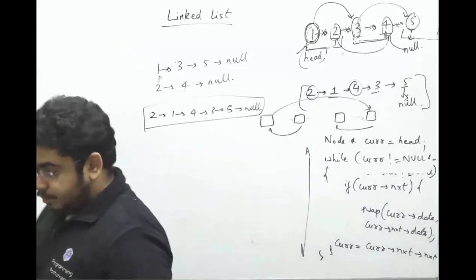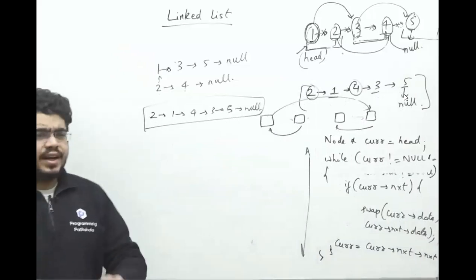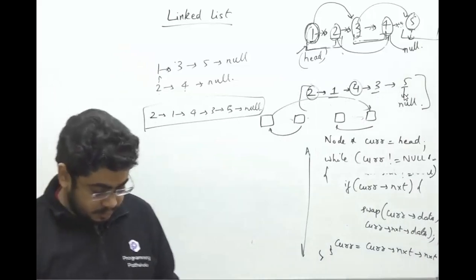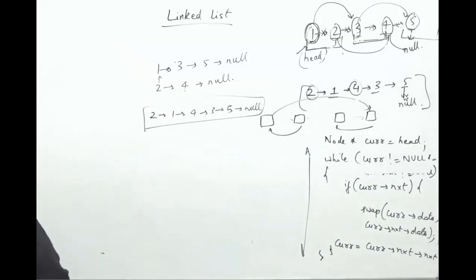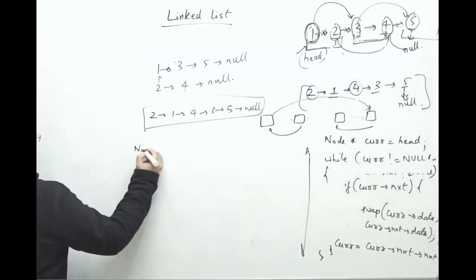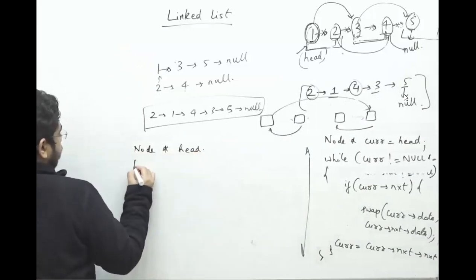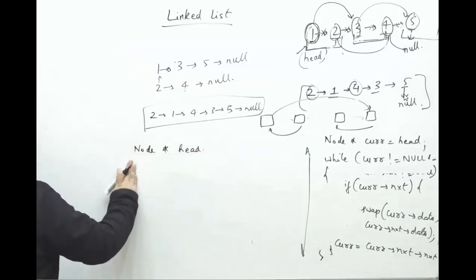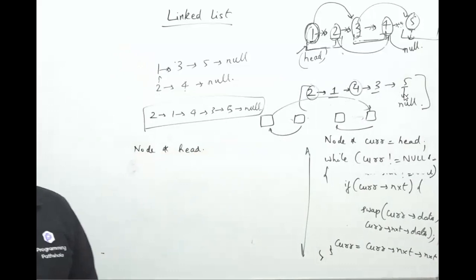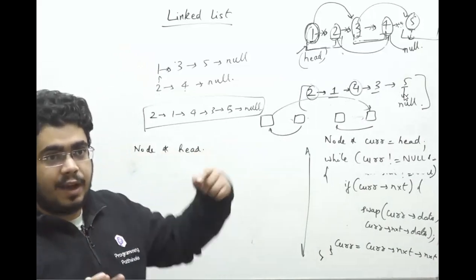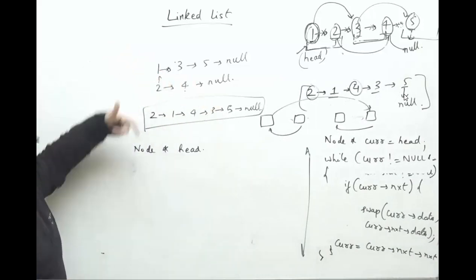Okay. Let's write a quick code for this and see if we are able to get there. So let's say I have my head of the node. Let's first try to split it. When we split it, we will have head1 and head2.